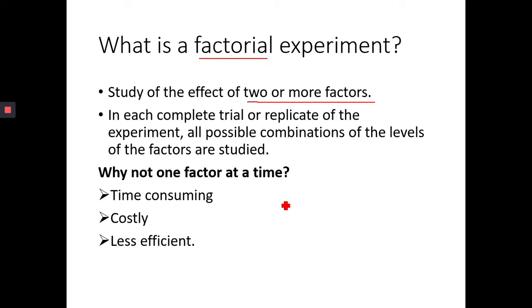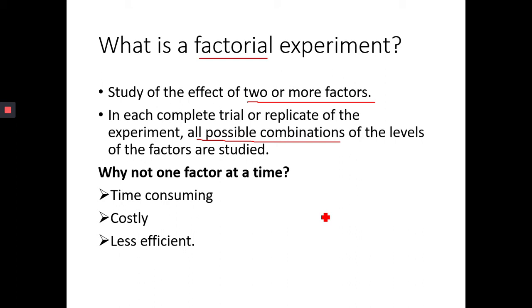So in each complete trial or replicate, I'm sure you were taught the three principles of experimental design, so when we talk of replicate, it's not a new term to you. We are simply referring to a repetition. So in each complete trial or replicate of the experiment, all possible combinations of the levels of the factors are studied, right?